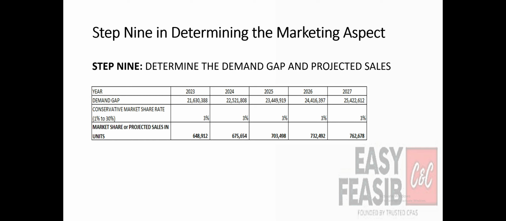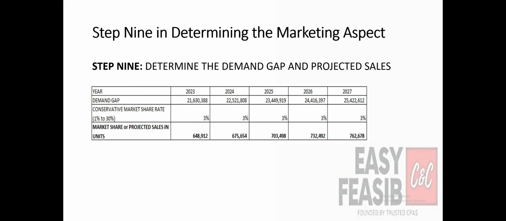We just simply multiply the demand gap with the percentage of market share that we wish to supply. In this example, our conservative market share is 3%. 3% is within the advisable rate from 1% to 30%. After we multiply the first and second row, we can now determine the projected sales in units.